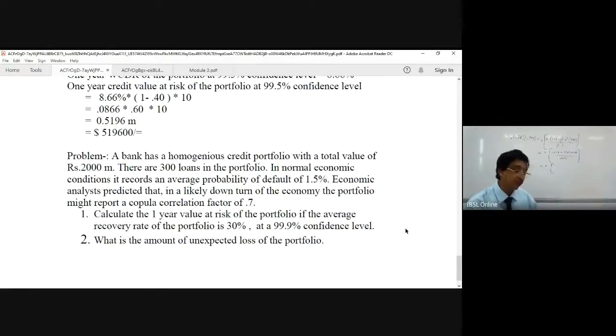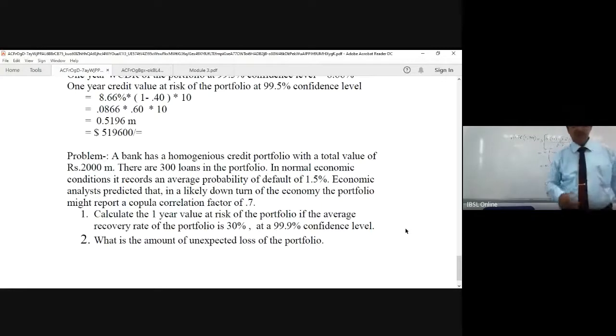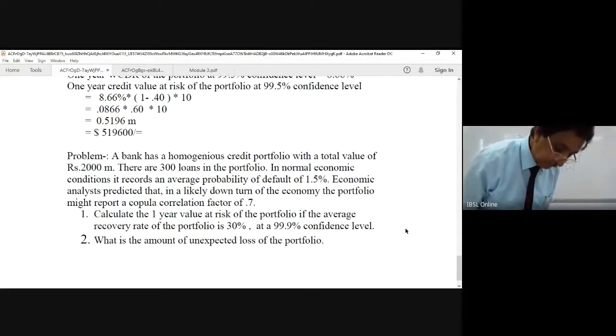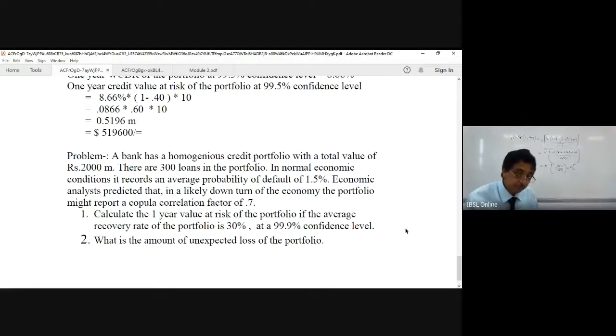Now you get for the numerator 0.4070. You have to get the value of the normal curve at 0.7431.